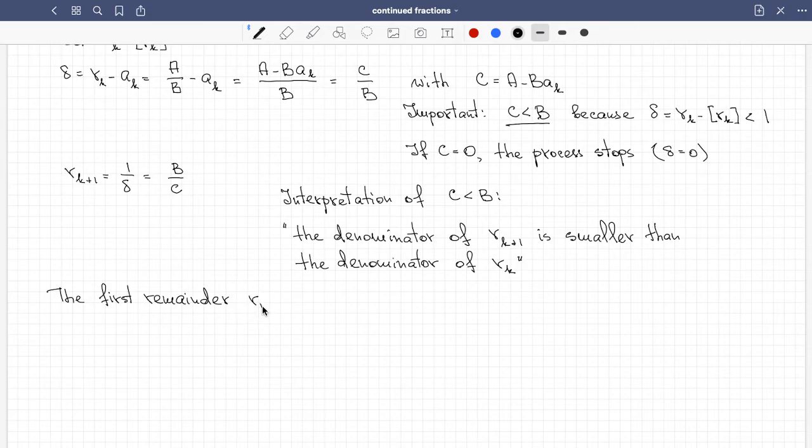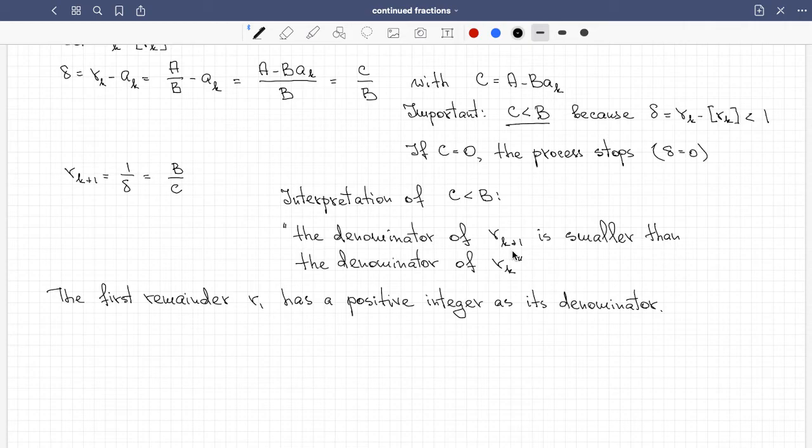After that, every next one has a smaller denominator.